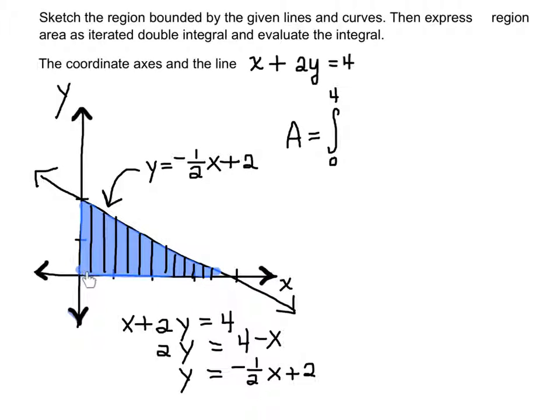Each one of these areas is going to be our y value, the height, minus 0, which means that our inner integration is going to go from y is equal to 0 to the value of y in terms of x, which is negative 1/2 x plus 2.